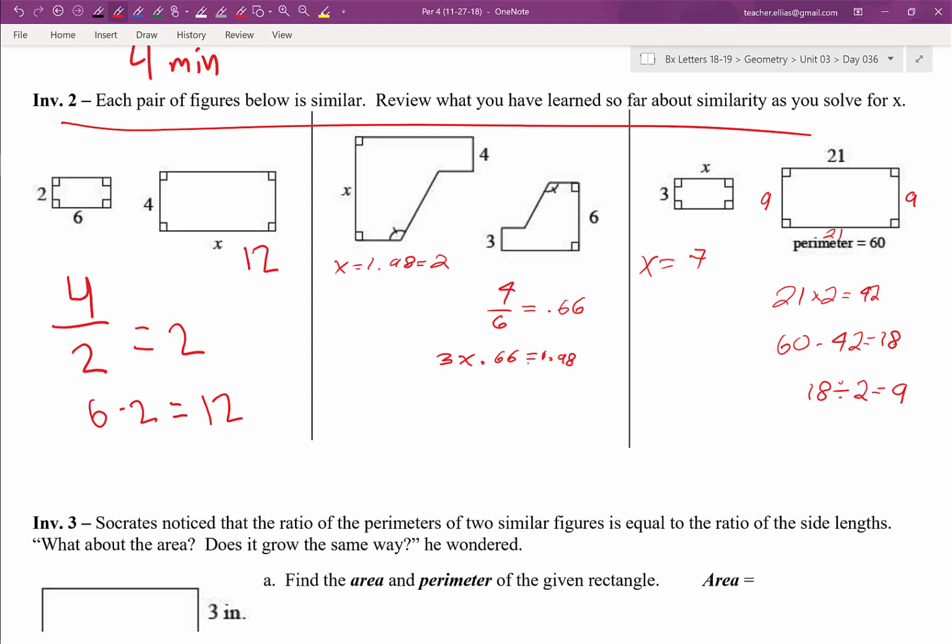Either way, it's still gonna be the same. Hold up. Because when she did it, she did 2 and 4, which is like the same size. And then she finds out 6. You did 4 and 6. The 6 is basically this, and then here. And then 4 and 3, which is here and here.